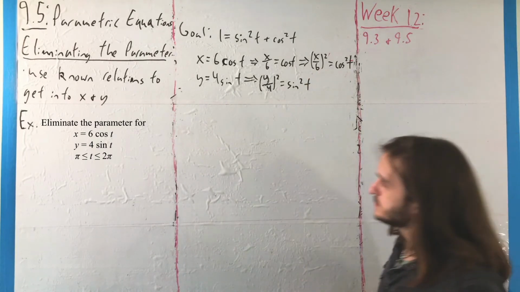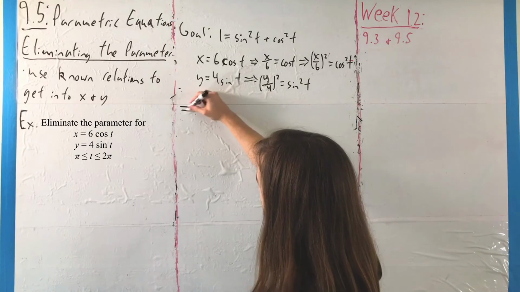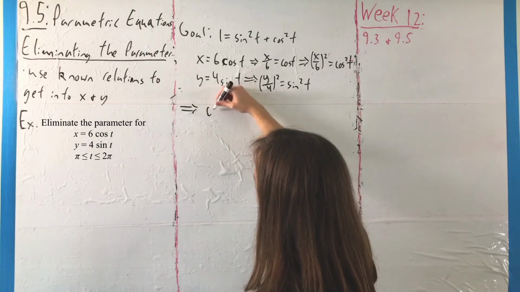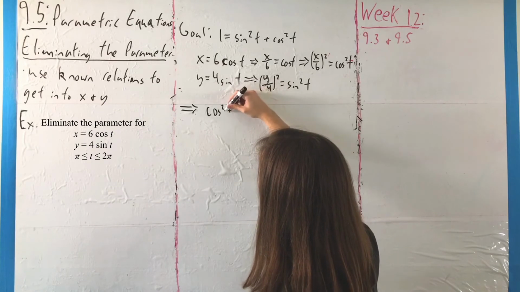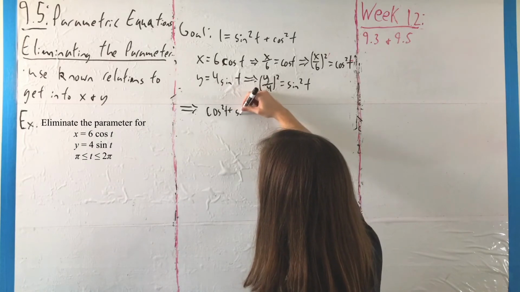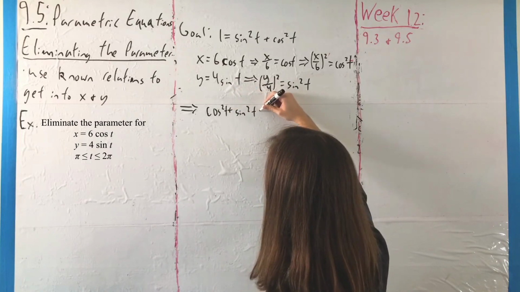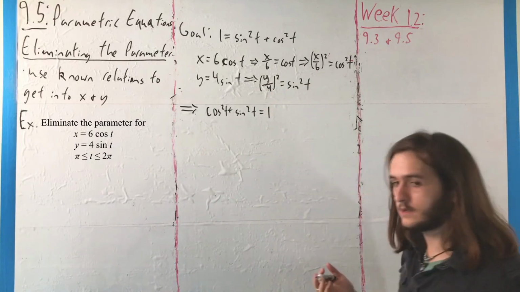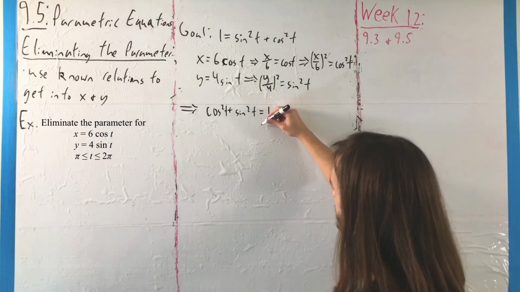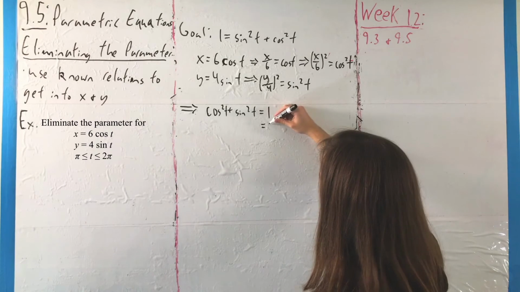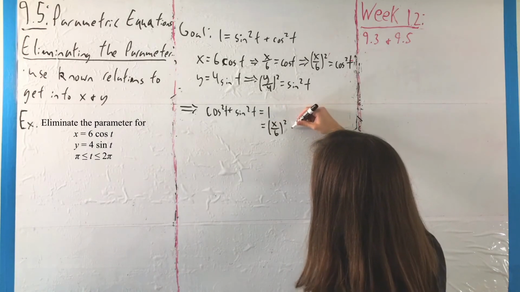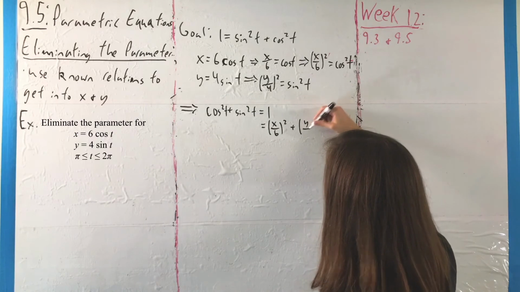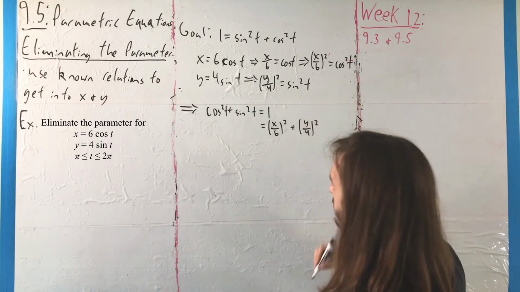So if we add these two up, we'll end up having cosine squared of t plus sine squared of t. Well, that's equal to 1 to be sure, but that's also equal to x over 6 squared plus y over 4 squared.